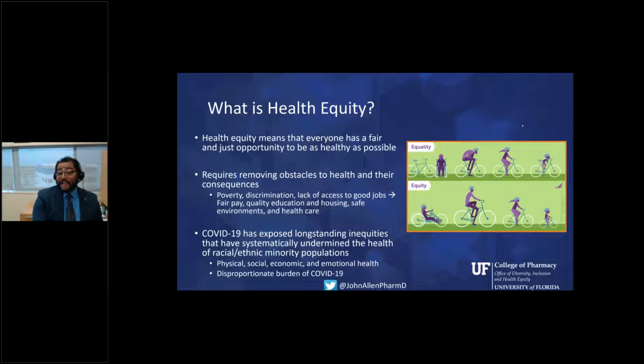COVID-19 itself, as well known to this group, has exposed longstanding inequities that have systematically undermined the health of racial and ethnic minority populations, as illustrated in the disproportionate burden of COVID-19 on historically minoritized communities.